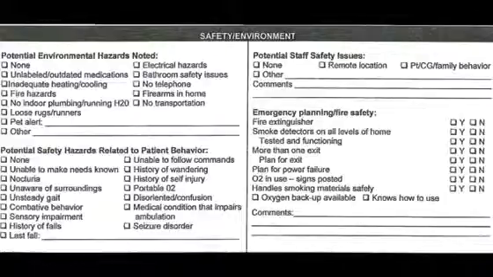And page 5 has a section called Safety and Environment, where specific potential environmental hazards are identified. And if there are in fact hazards identified, then the next component is for the staff, the admitting nurse, to address what we need to do differently to remove that possible accident or prevent it from happening.